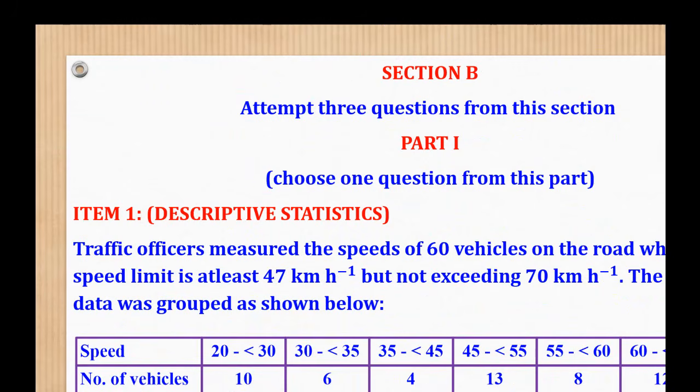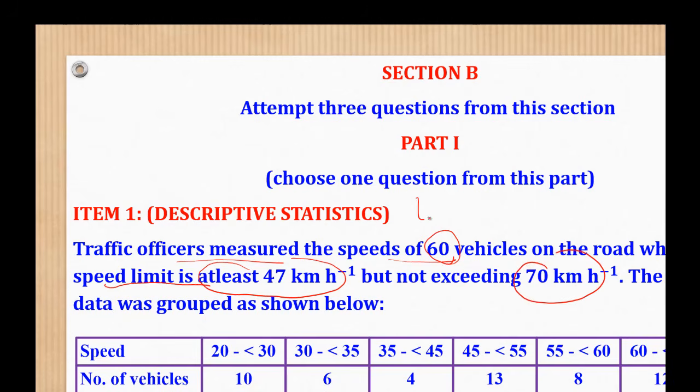So that was section A, which is a computational evaluation. Now we shall go to section B, which is application, or what we call scenario based. Part A was about statistics, and item 1 says traffic officers measured the speeds of 60 vehicles on the road where the speed limit is at least this, but not exceeding this.